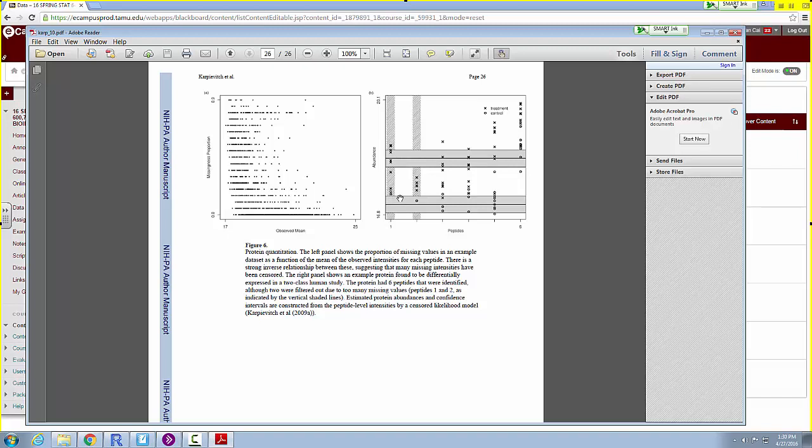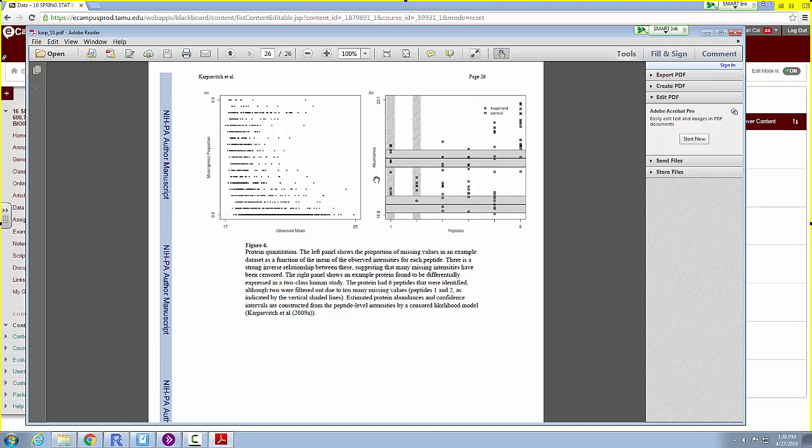Like we did in that first picture, we'd like to roll up these peptides into a single protein level estimate of control mean and a single protein level estimate of treatment mean, together with standard deviations, so we could get a p-value or do a hypothesis test. In this case, the estimated mean expression level of this protein in the control group was statistically significantly smaller than in the treatment group. So this would have been called a differentially expressed protein.